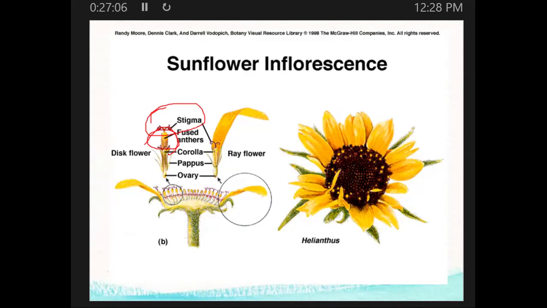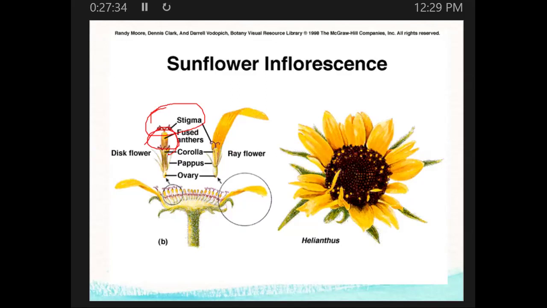So it's very easy when you look at the sunflower to understand why you would say, oh, look at that flower, like it's a flower. But in reality, it's many, many flowers all compacted together. So what happens is you'll start to see a spiral pattern of the flower body open.